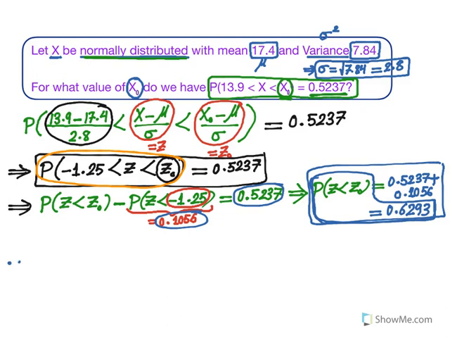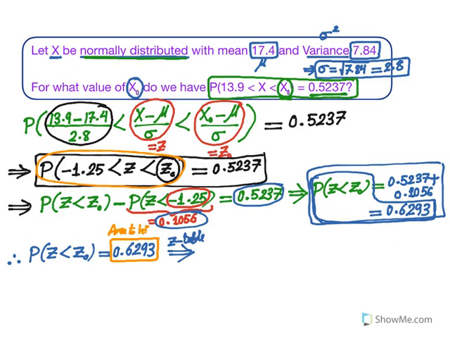So now we can find z0 from this. Therefore, the probability that z is less than z0, we found it to be 0.6293. And from this, we use the z table to find z0. If you watch part 2 and part 3, you will remember how to do it. Now, this is the area to the left. Area to the left is given. So we need to find this area in the table, and from it, it will give us this z0. So let's go to the table to find it.